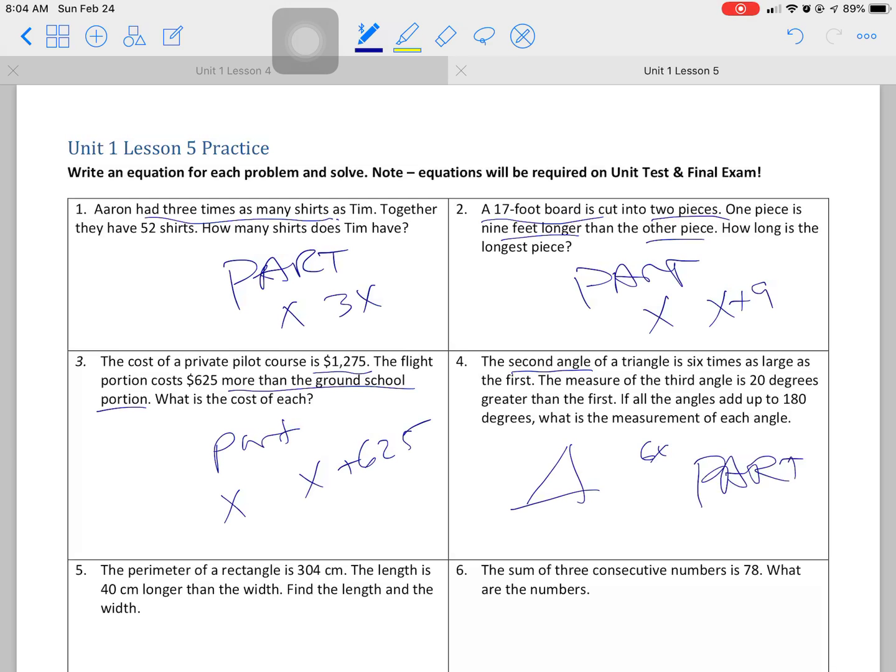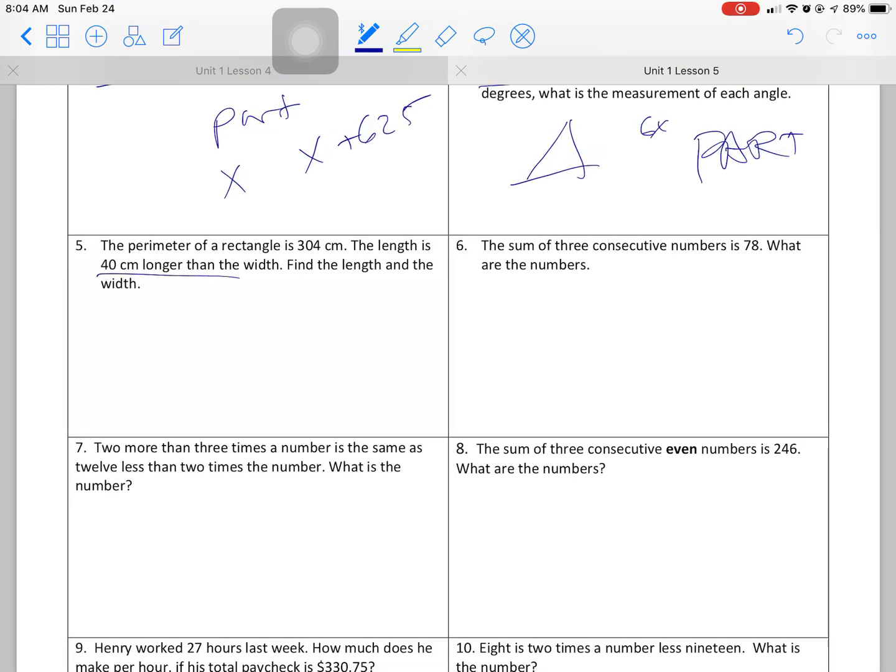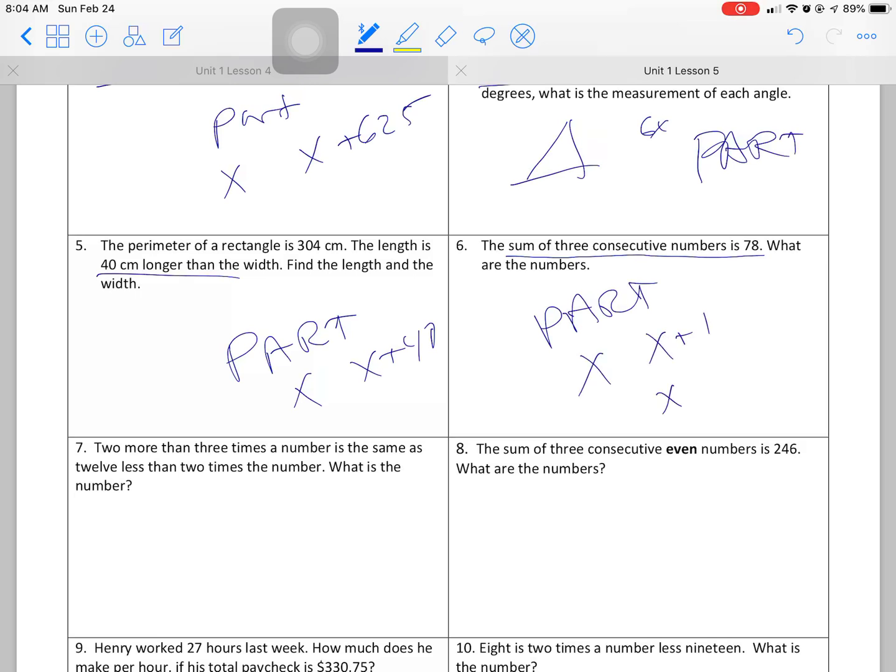There's going to be something that's x, something 6 times x, and something is 20 more. Okay. Perimeter, something more. That's a part. Length is more than the width. Something's x and something's x plus 40. Sum of consecutive numbers, that's also a part problem. Something's x, x plus 1, and x plus 2.